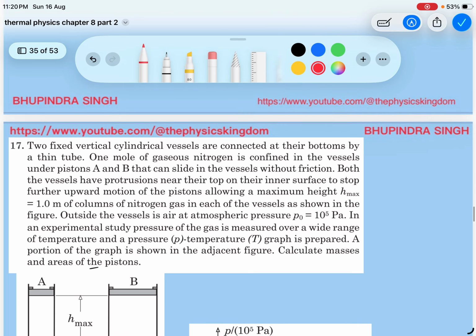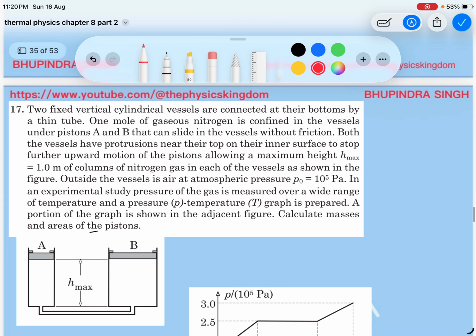Okay, so let's first see the question. Let's read it properly. What they are asking: two fixed vertical cylindrical vessels are connected at their bottoms by a thin tube. 1 mole of gaseous nitrogen is confined in the vessels under pistons A and B. Now, where exactly is the location of pistons A and B?